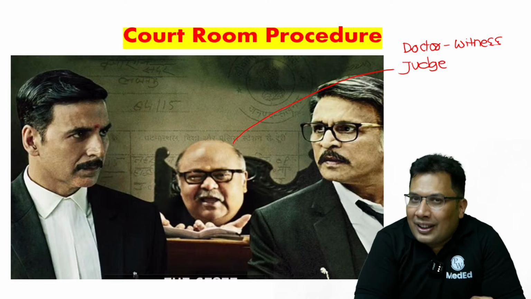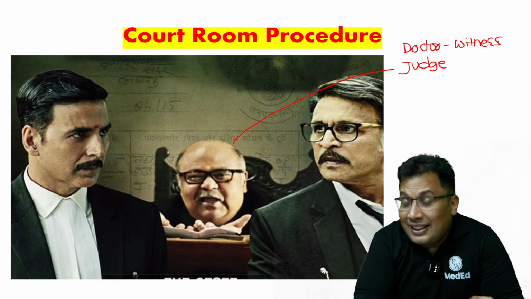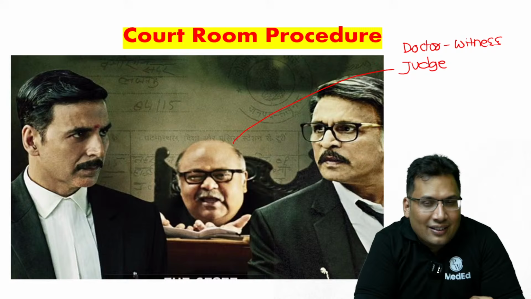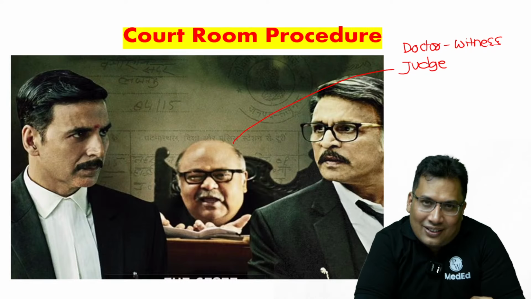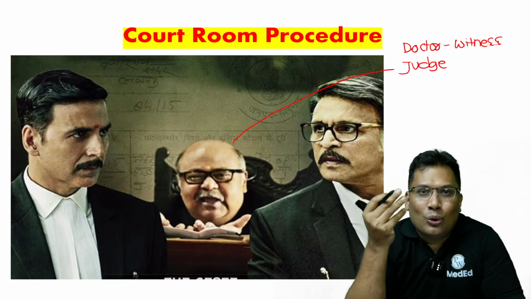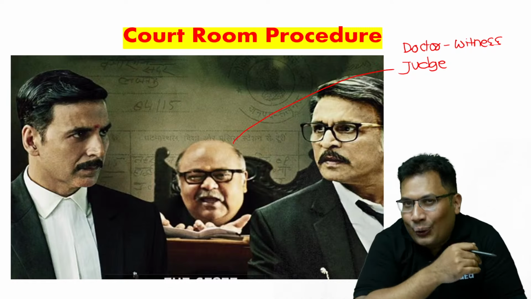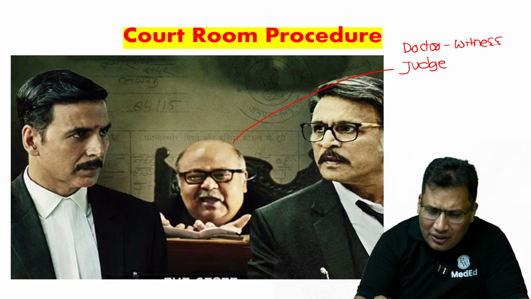Chief Judicial Magistrate: 7 years and fine. Session Court can pass any sentence including death sentence. Additional Session Court can pass any sentence including death sentence. High Court can pass death sentence, and the Supreme Court, which is supreme, is located in New Delhi. Right? Okay. Middle one, judge.